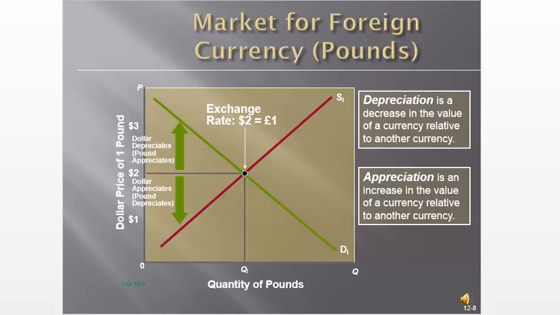Appreciation is an increase in the value of a currency relative to another currency. For example, it'll take less US dollars to acquire British pounds. In this situation, it will cost less American dollars to buy property in Britain, to shop in Britain, or to travel to Britain.